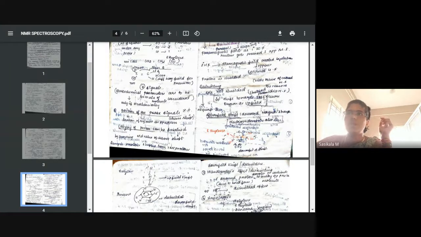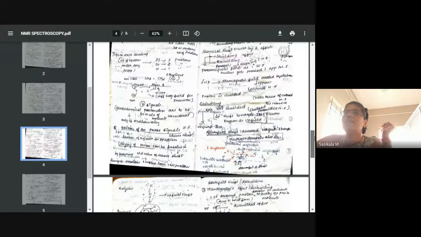Position of signals is explained by the chemical shift value, and it will tell what category of proton is present, whether methyl proton, alkyl proton, alkene, alkyne or aromatic. What kind of proton it is, what category it comes under, can be analyzed by position of signals.